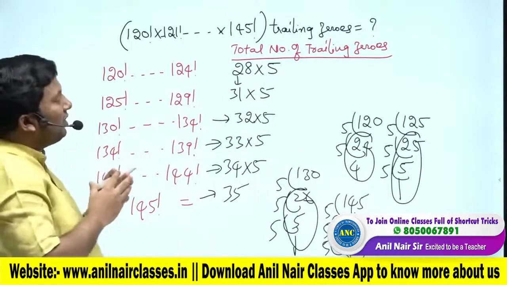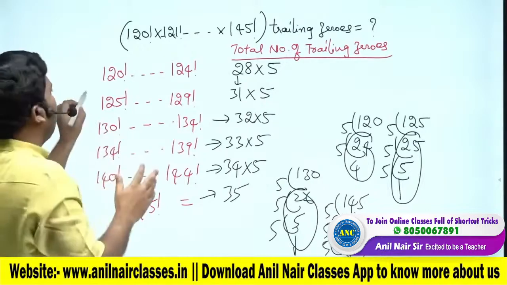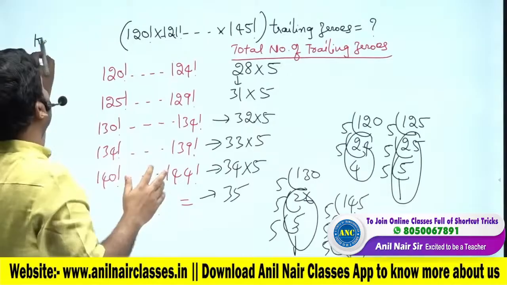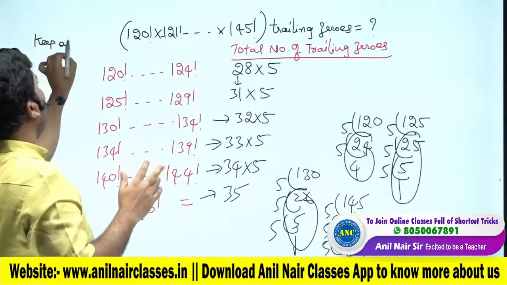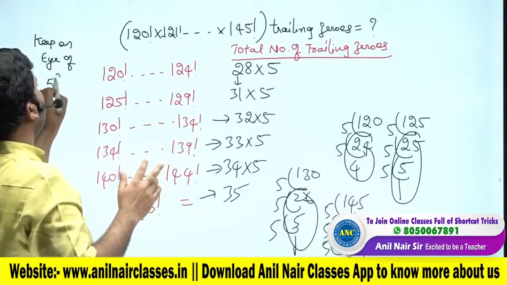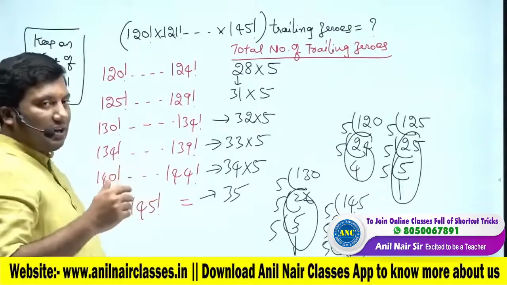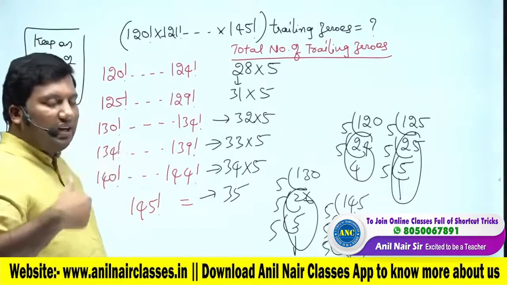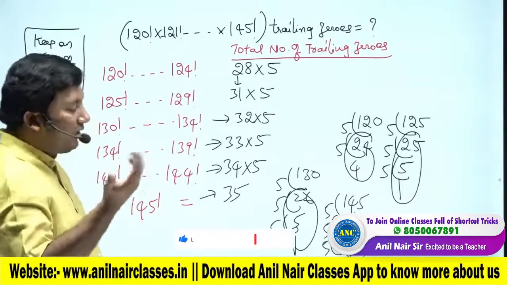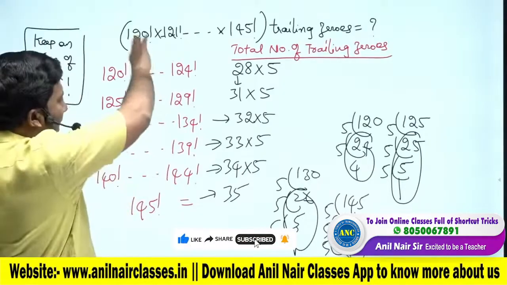How to find the number of trailing zeros if the factorials are multiplied? Keep an eye on 5 power x factorials, whether it could be 25 factorial, or 125 factorial, or 625 factorial, and so on.